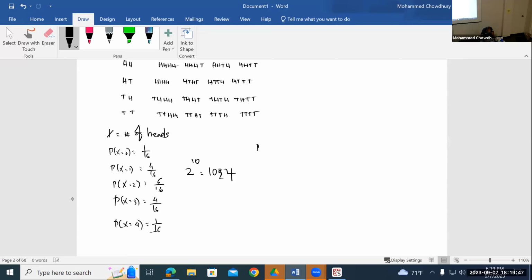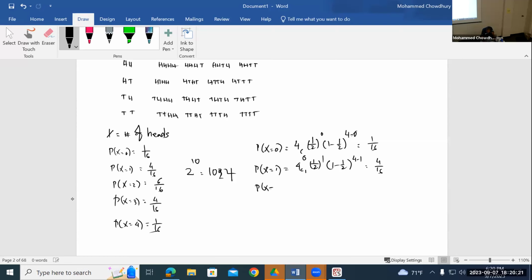If I write it in this formula, X equal to 0, I am tossing the coin 4 times, probability of getting 0 heads, the probability of appearing head is this, and the probability of not appearing is 4 minus 0. So if you compute this, this is 1 over 16. And similarly, probability of X equal to 1, you are doing 4C1 half to the power 1, 1 minus half to the power 4 minus 1, which will give you 4 over 16.